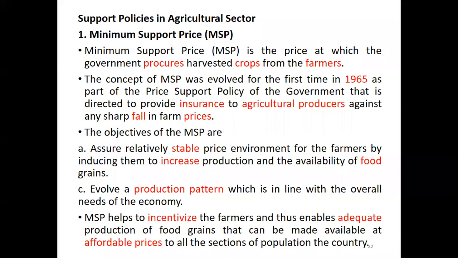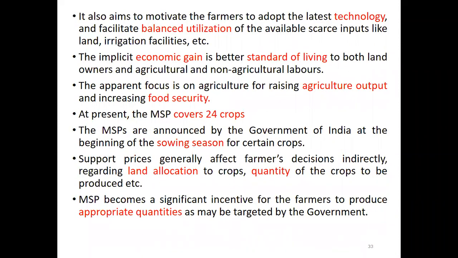Getting this? Then minimum support price helps to incentivize the farmers and thus enables adequate production of food grain that can be made available at affordable prices. So we are trying to keep prices affordable, so we are going to control the cost. This is the benefit of minimum support price. It also aims to motivate farmers to adopt the latest technology, because on the basis of my source of income I will decide which technology I should use, the one in which I get more benefit.